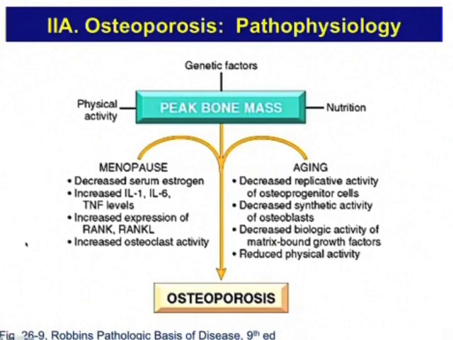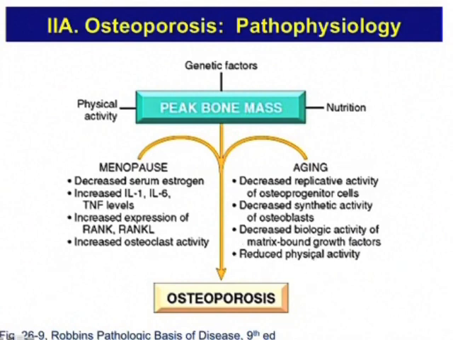Now we're going to compare that to aging. As we get older, our osteoblasts don't work as well. They synthesize less collagen than they would have otherwise. You know that enzymes don't work that great with time. So over time, your growth factors and enzymes are not going to work as efficiently.